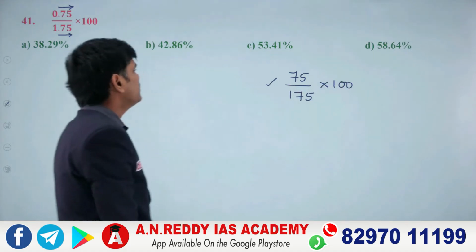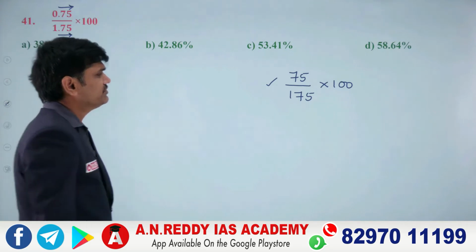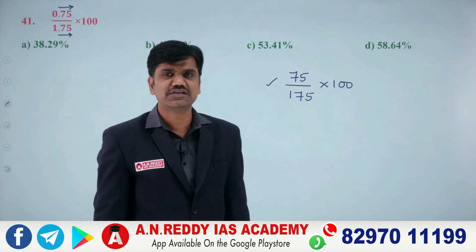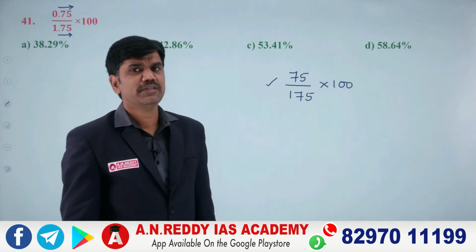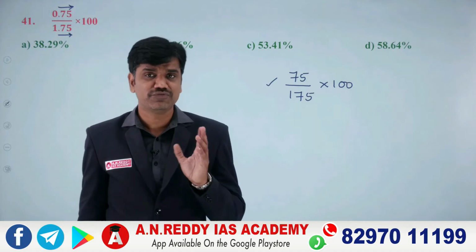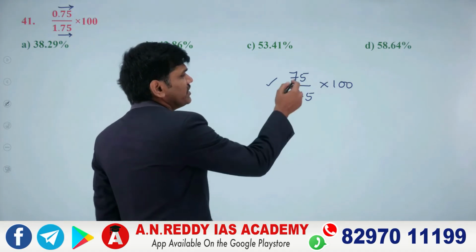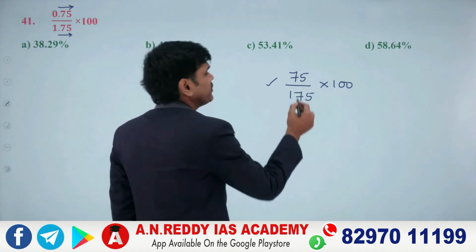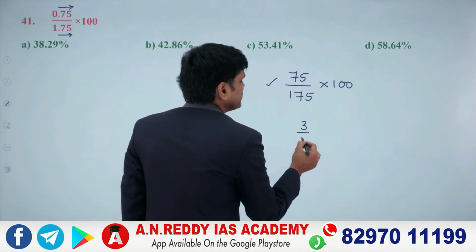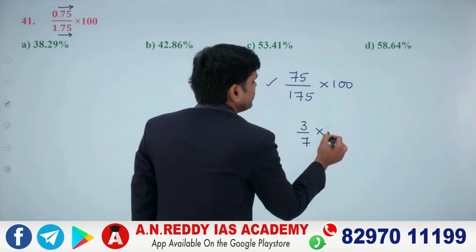Right? This can be done in two ways, dear. You can go by that range technique as we have already seen, or otherwise you can go by the fractional method also. I will show you the fractions method first, because both are divisible by 25. So 25 3s are 75, 25 7s are 175. So 3 by 7 into 100.